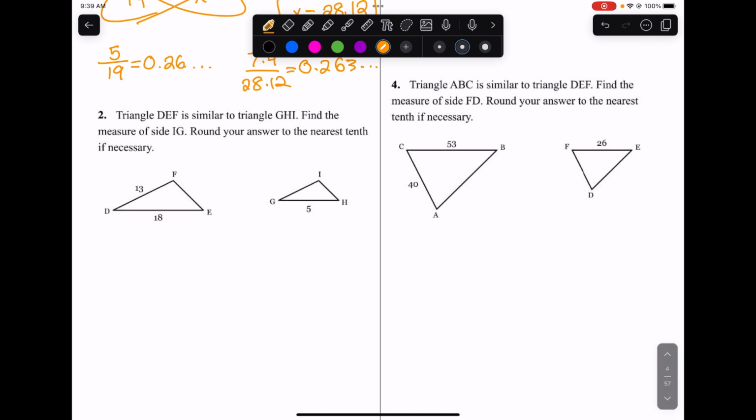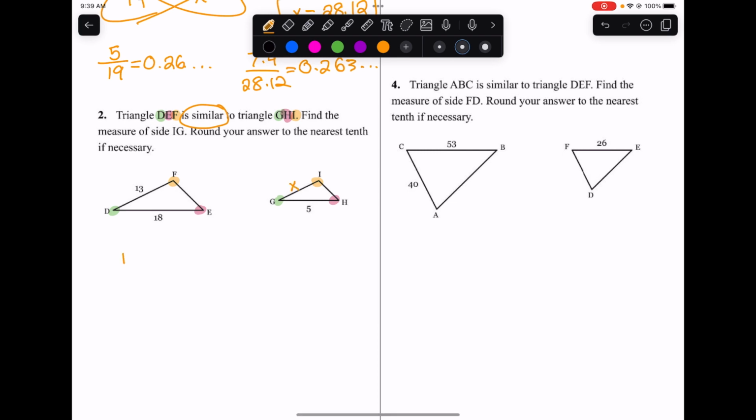So again, you're going to repeat the same process. We're given similarity, so we know that there needs to be a consistent ratio of sides. I am going to label using different colors just to make it easier. So I'm with D and G, E and H, F and I. I want to find the measurement of IG.